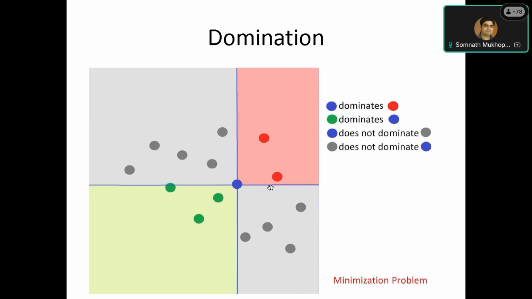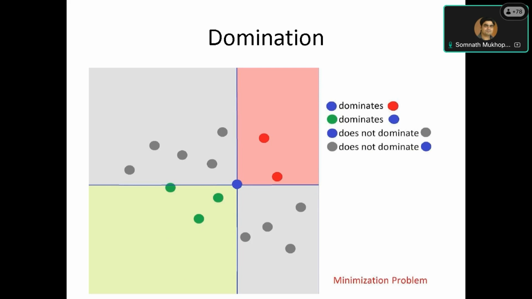Similarly, the green ball dominates the blue ball because green has a smaller x value and a smaller y value. But blue is not dominating the gray one, because blue has a larger y value compared to these gray balls.